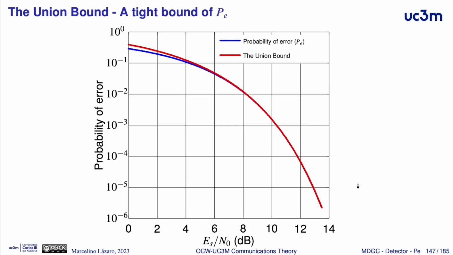For instance, the union bound is a tight bound because in this picture we have the real probability of error in blue as a function of the mean energy per symbol divided by N0 in decibels, and in red we have the bound that is established by the union bound for a given constellation. And we can see that especially for high values of Es divided by N0, the bound is really close to the real probability of error. This is a tight bound.